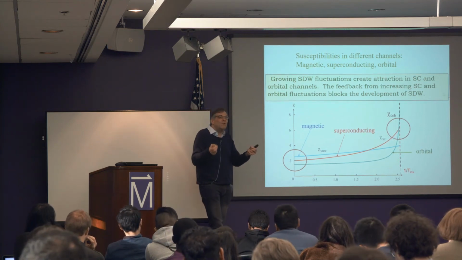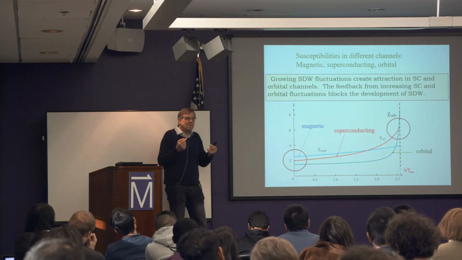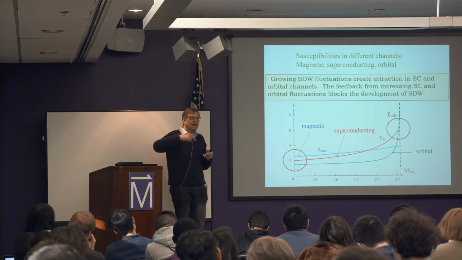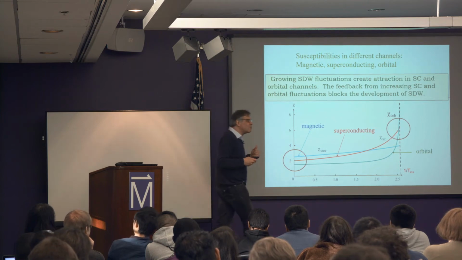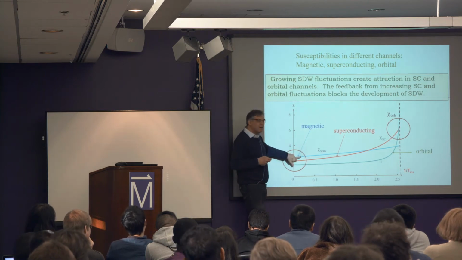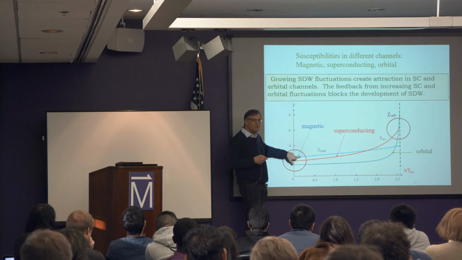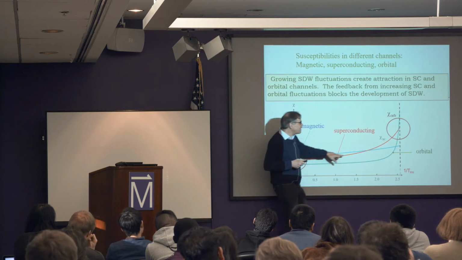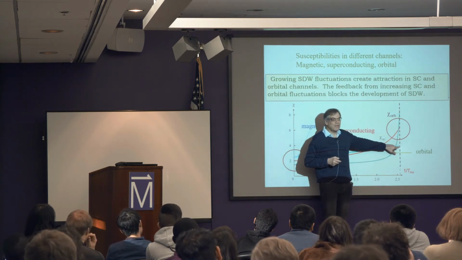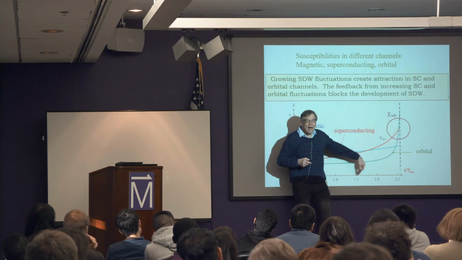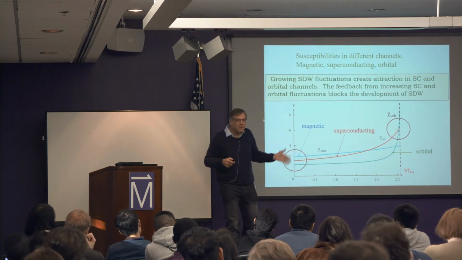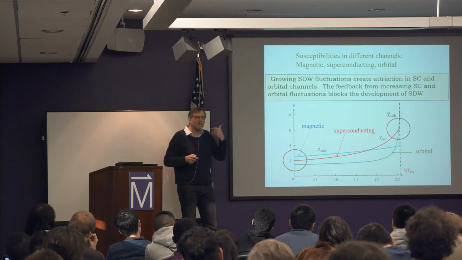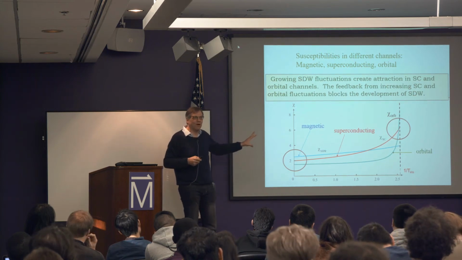And what these guys do, they conspire and produce a strong negative feedback effect on the spin density wave channel. And the result of this is that this guy that was supposed to diverge first, in fact, will never diverge. It will stay constant, while the other channels, the ones produced by the magnetic channel, become divergent. One of them wins, the second does not win, but that's the secondary part of the story.